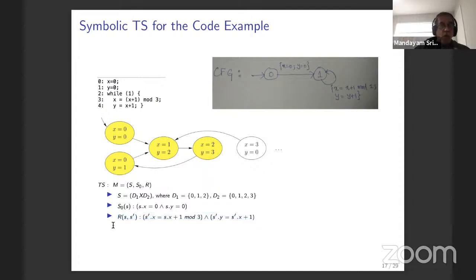Okay, this way of specifying a transition system, the initial state as well as the transition relation, by using formulas, in this case from first order predicate calculus, is what we refer to as a symbolic representation of the transition system.